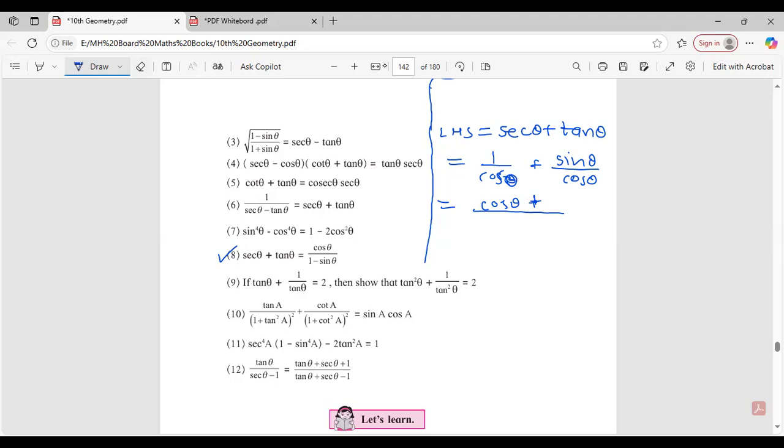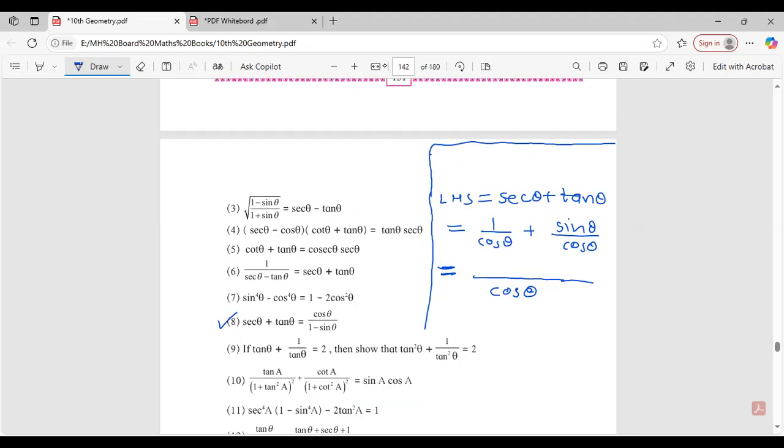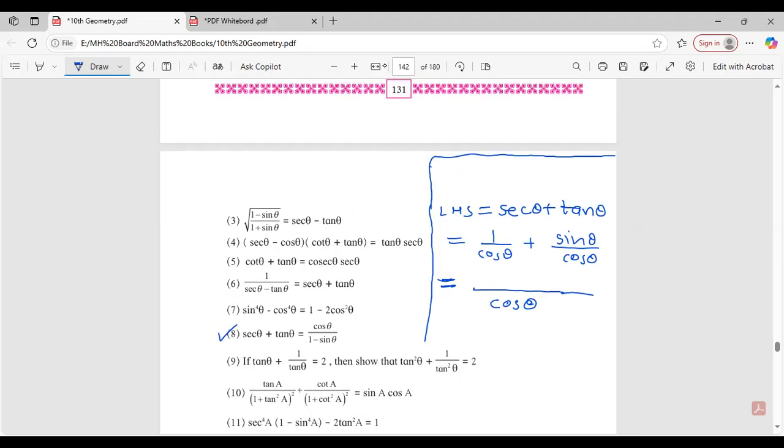Why will the denominator be cos theta common? And why are you not doing cross multiplication? Denominators are same, no? When the denominator is the same, there is no need of cross multiplication. Otherwise, you can solve it by cross multiplication also. See, 1 upon cos theta plus sin theta upon cos theta.